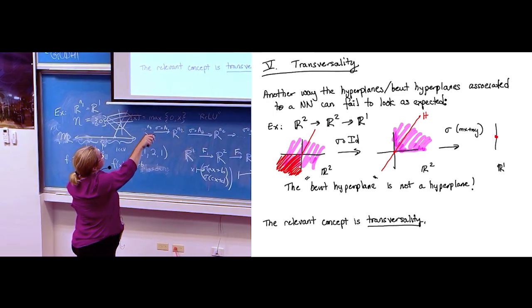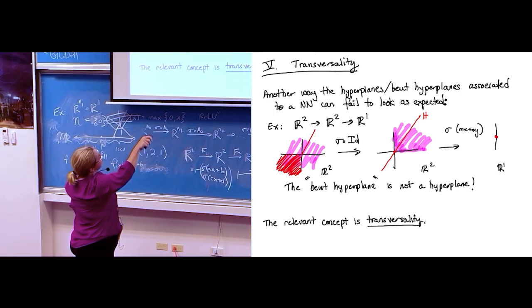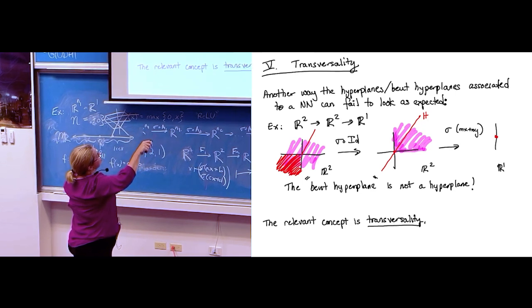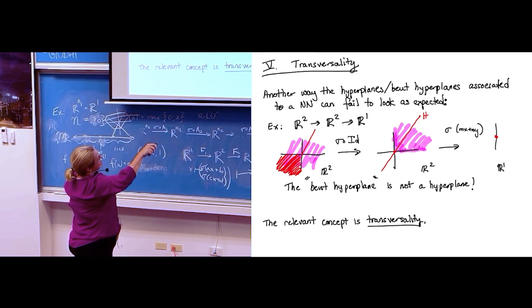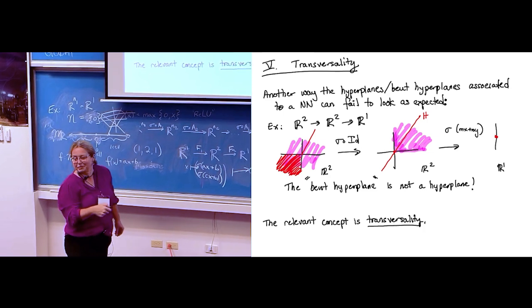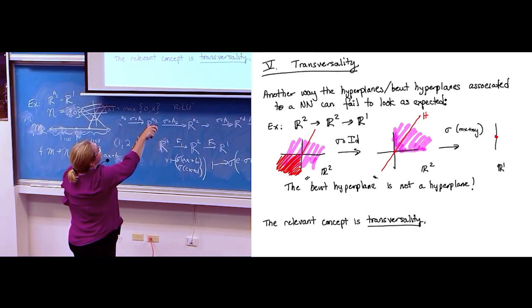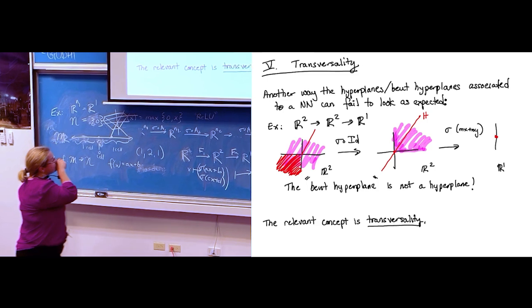Now let's do another layer map. This one is just a linear map to R^1, so it goes from R^2 to R^1. My map will be, for some m and n, mx plus ny. Oh, I guess I need a plus b. In this example, b is 0. And then I do my nonlinearity.